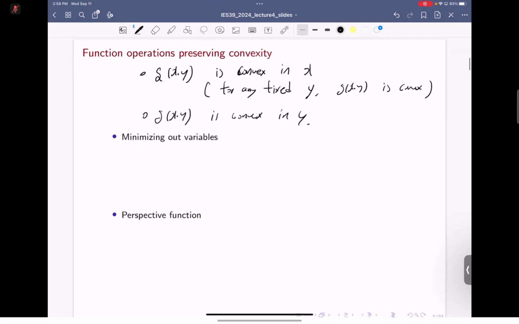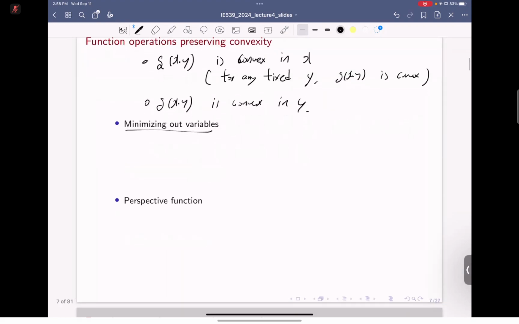Now the operation is as follows. Let me define my function f of x as the minimum of g(x,y), where y can be anything from some convex set C. From the assumption, if you fix any y part, we have a convex function.